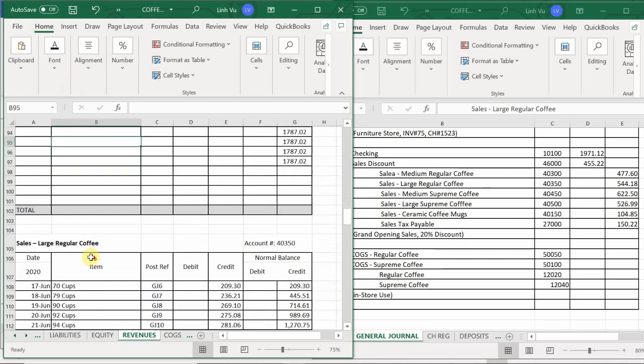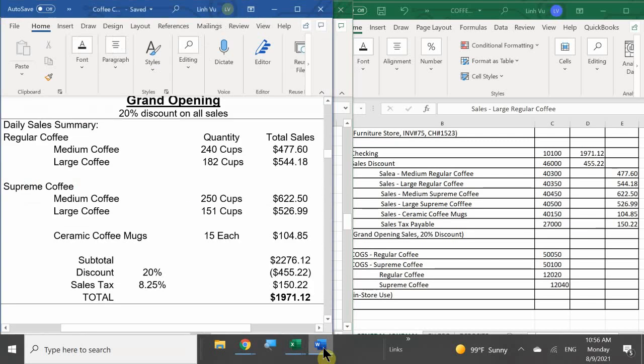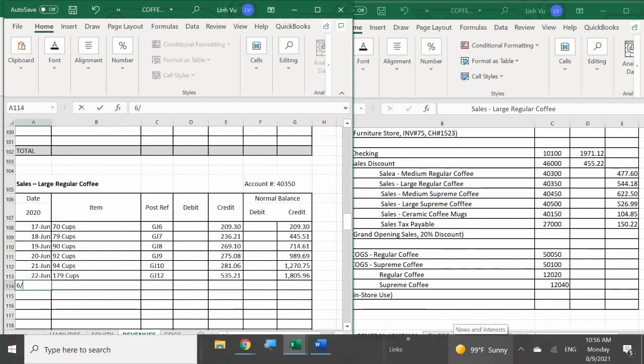Next we have the large regular coffee, which we sold a total of 182 cups. Okay.